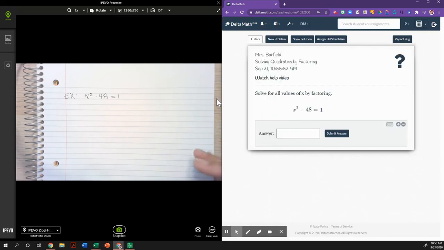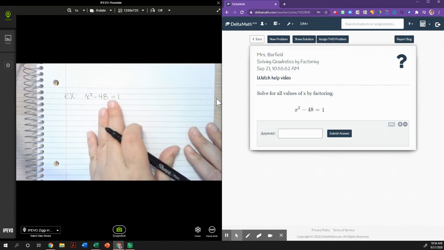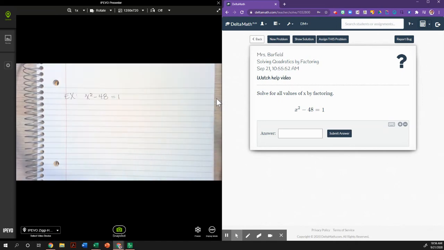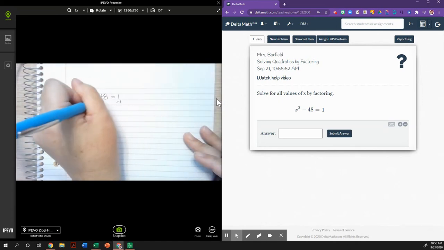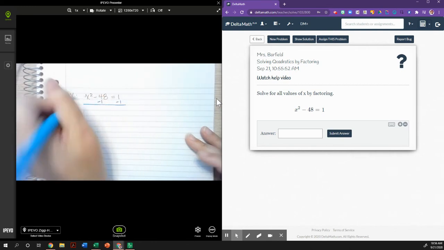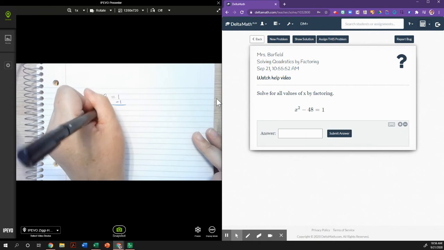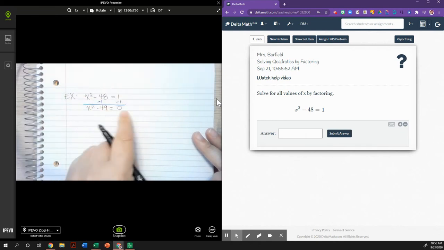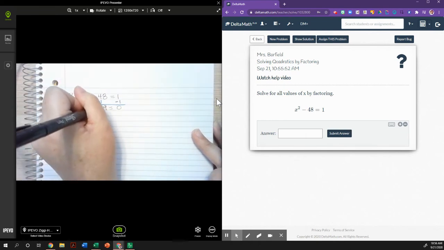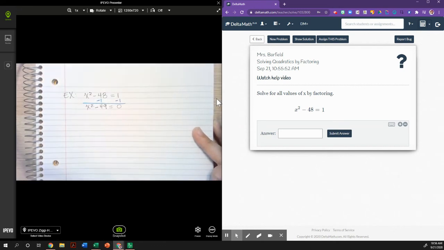That means I cannot engage in a factoring step until I take care of this 1. So I need to subtract 1 from both sides. That gives me x squared minus 49 equals 0. It's at this point that I can engage into a factoring step.